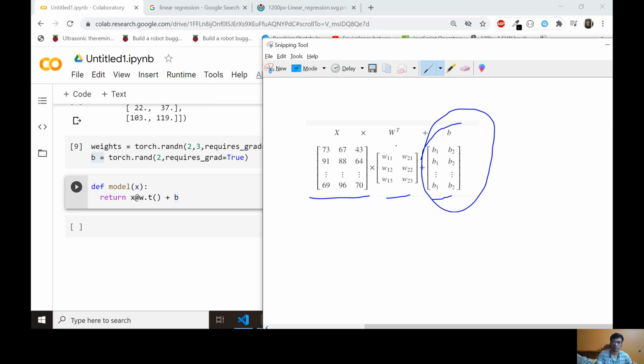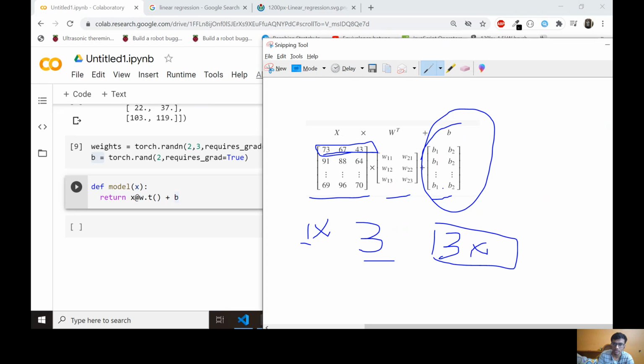The only dimension that matters is, if we get input in the format of, consider, 1 cross 3, that means 1 row and 3 columns, then our multiplying matrix should contain 3 rows and as many columns as outputs you want. So we want 2 outputs, right?